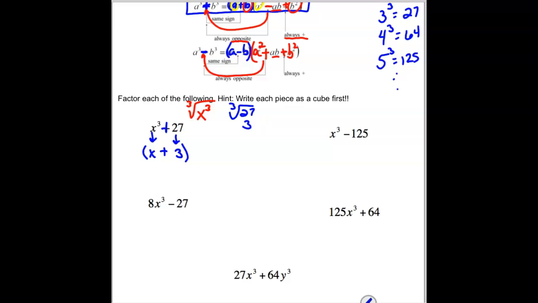So since I had a plus here, I'm going to have a plus there. Then we build the trinomial. So we take our first number, our x, and square it. We multiply them together. X times 3 is 3x. We want the opposite sign, so it'll be negative. And then we square the 3. Okay?